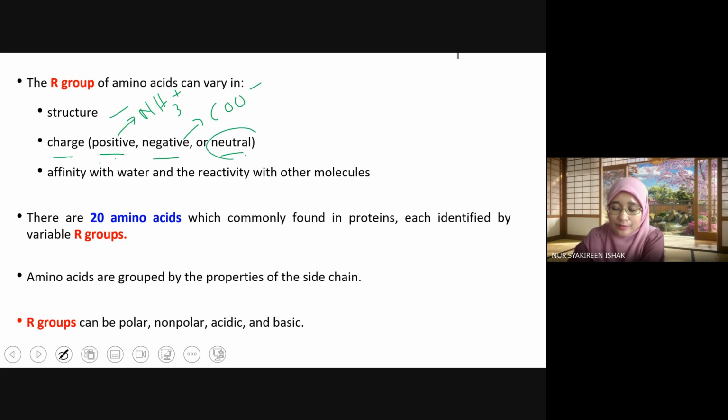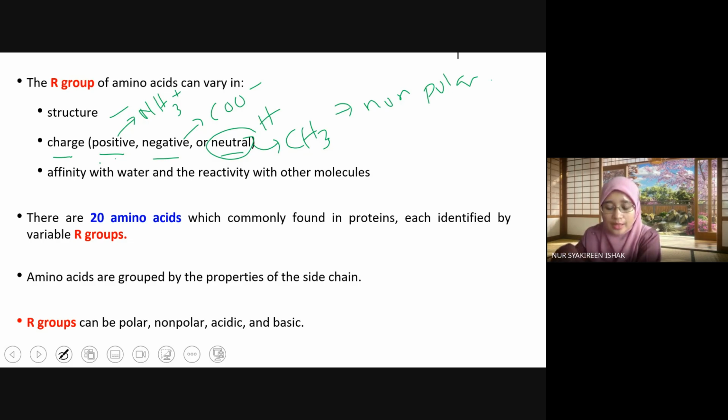If the side chain of the amino acid has hydrocarbons such as only a hydrogen atom, or it has a methyl group, for example, this causes the amino acid to be neutral or non-polar. Okay, non-polar.